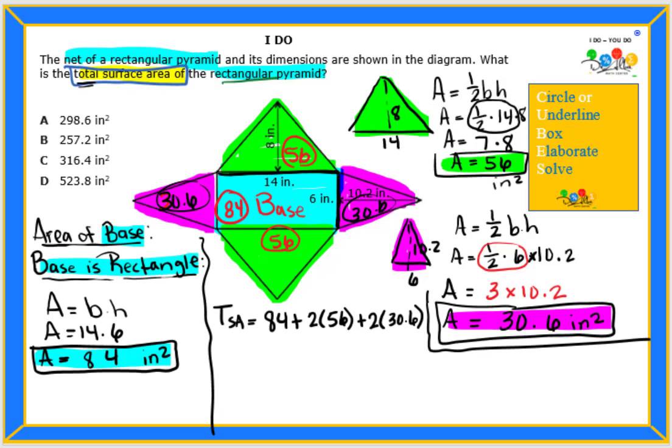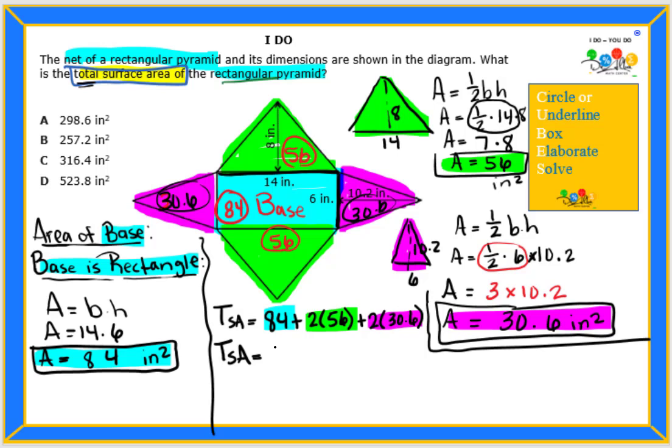Let's color code that. We had our base area was 84. The 2 larger triangular faces and the 2 smaller triangular faces. So we're going to continue. And I can multiply 2 times 56.